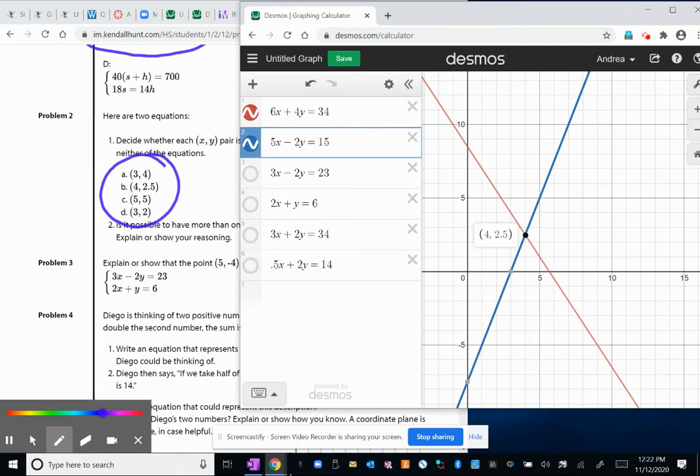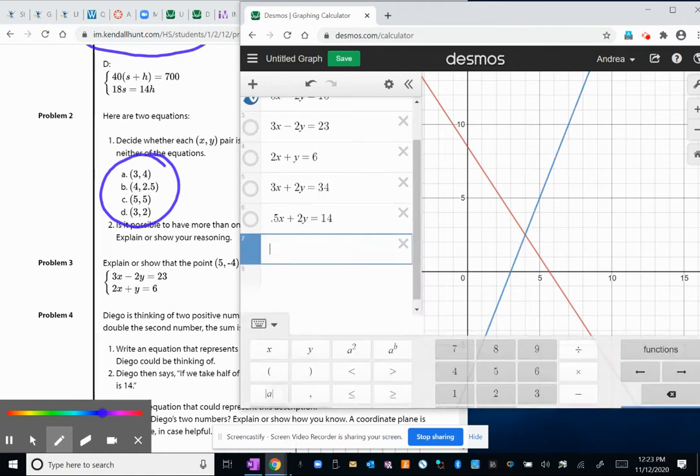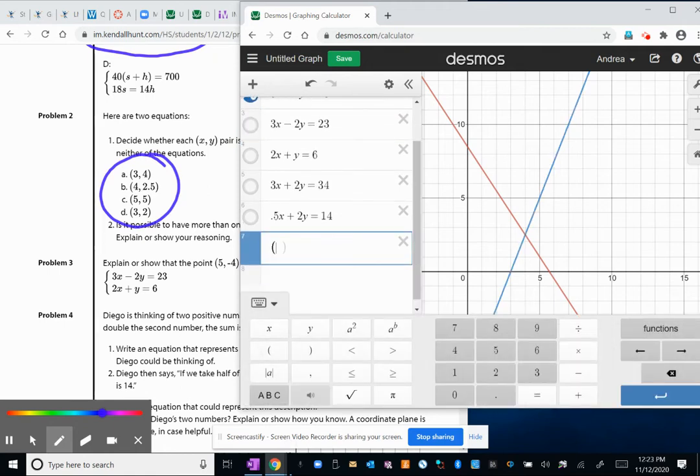And then the point 3,2. Well, 3,2 is kind of out in space, not on either of the lines. So I'm going to put it here so you can see. So 3,2 is that point I just put there, and it's not on either of the lines, so that one's neither.